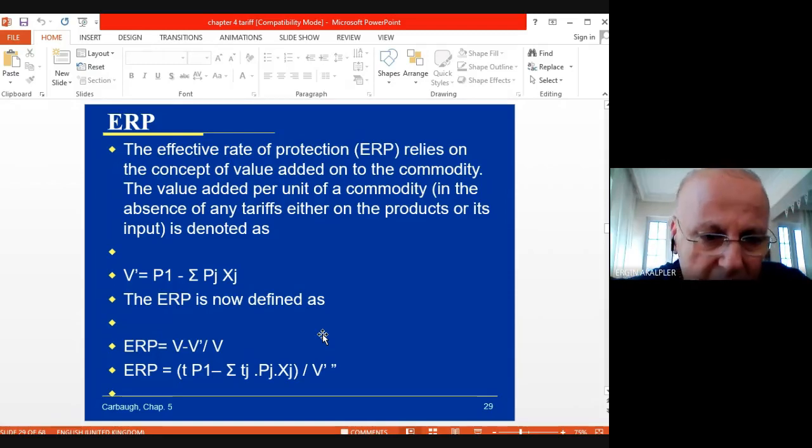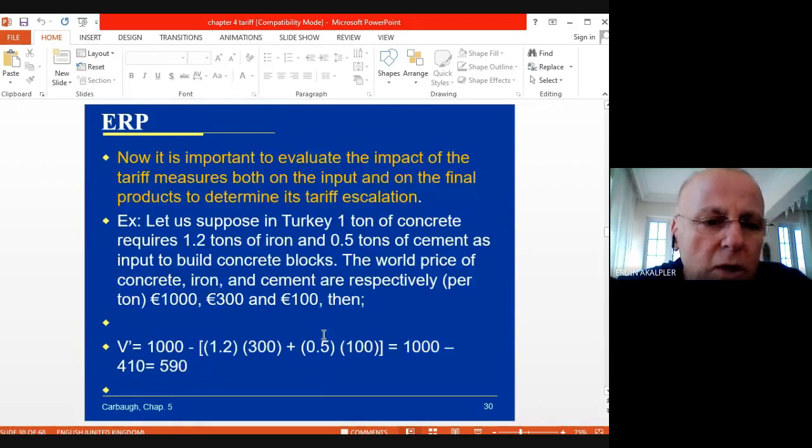When we apply this V dash, given above, the equation will be T multiplied by P1 minus sigma Tj multiplied by Pj multiplied by Xj, divided by V dash. Now we evaluate the impact of the tariff measure on both the inputs and the final products, to determine whether the tariff is better applied to the input or to the final product, the semi-finished or finished product, so-called.